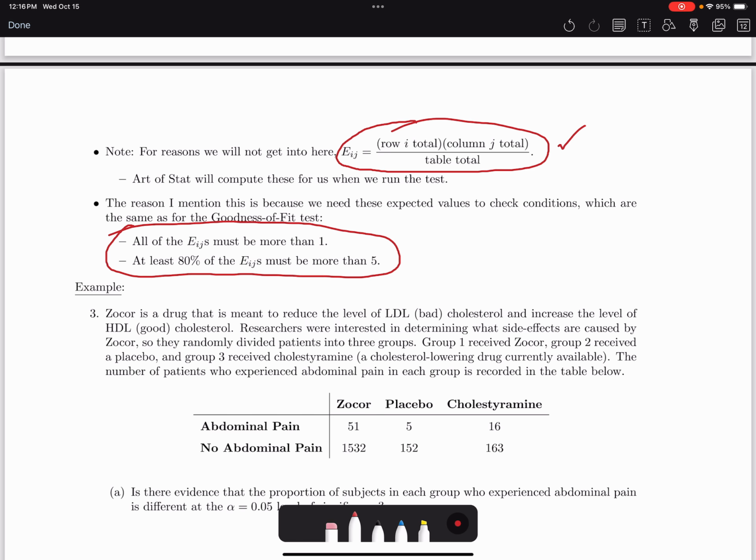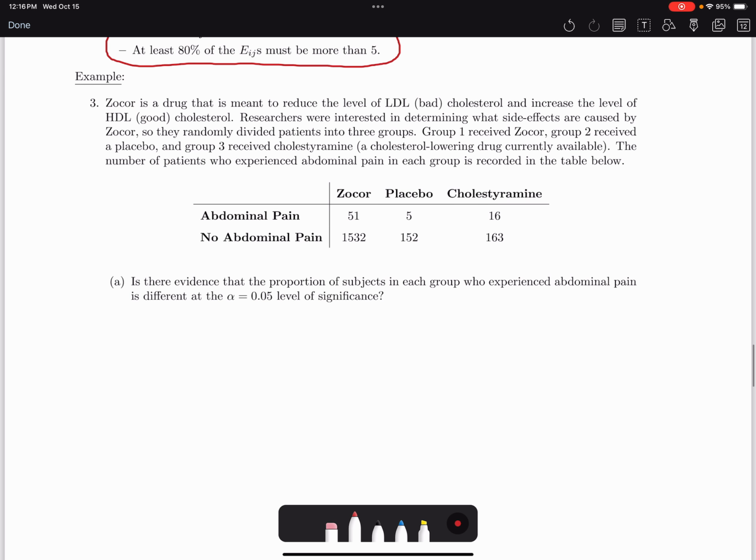So, without further ado, let's finish up that Zocor example. So here are the numbers that we obtained from the Zocor example. We want to compare the Zocor patients to the placebo patients to the cholestyramine patients, right? P1, P2, P3. Is there evidence that the proportion of subjects in each group who experienced abdominal pain is different? Well, the null hypothesis would be that no, they're not different, they're the same.